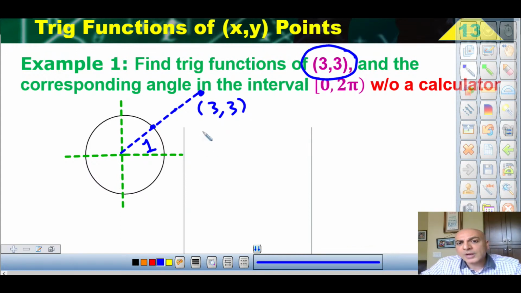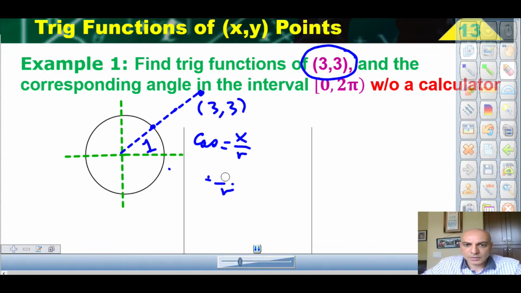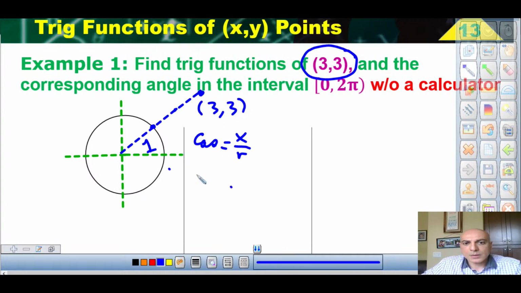First of all, cosine is going to be equal to x over r. Sine is going to be y over r. Tangent will be y over x.